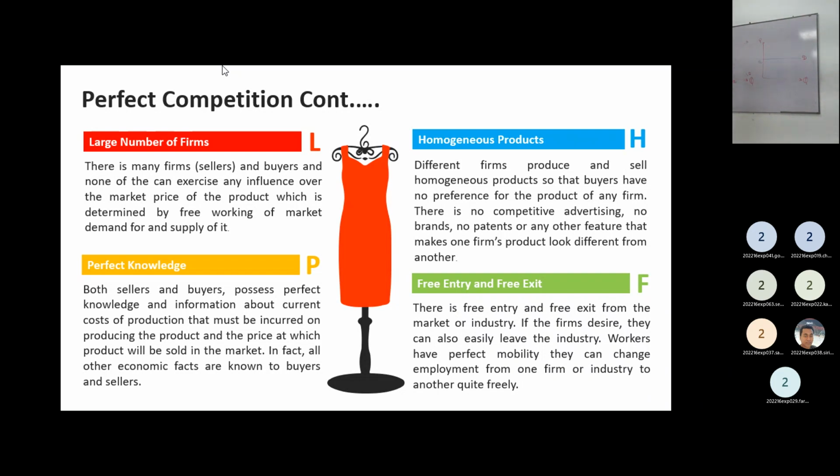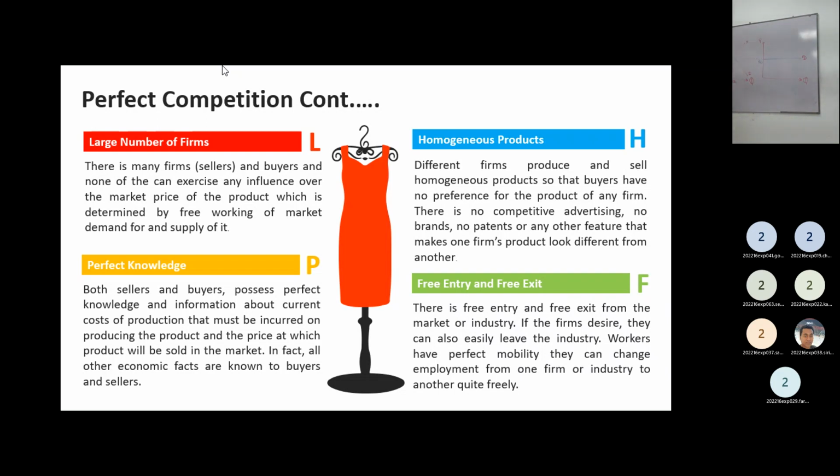The first one is that there must be a large number of buyers and sellers, right? Meaning that if you wish to go to one particular seller, you could go and pick. And if you dislike that particular seller, you can go to another one and pick the product. This is the first feature of the perfect competitive market structures.